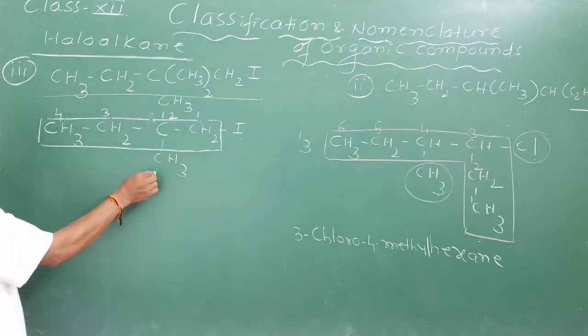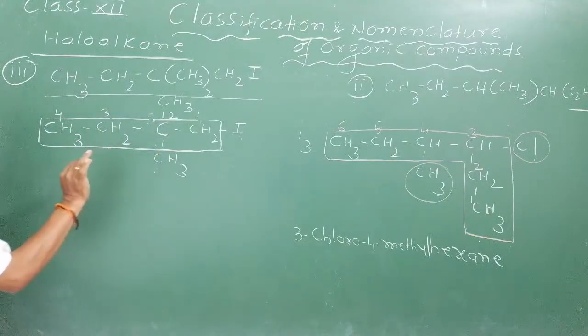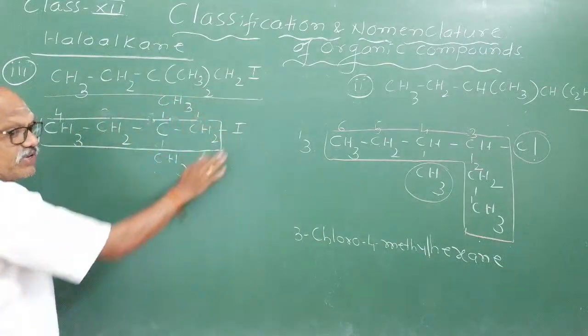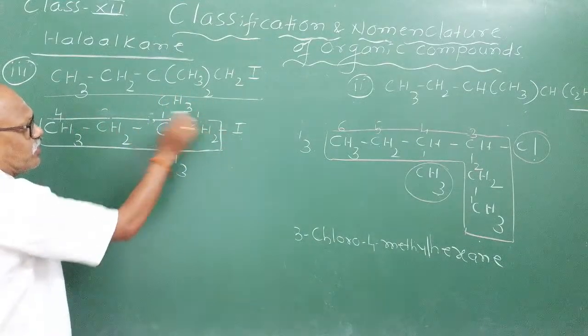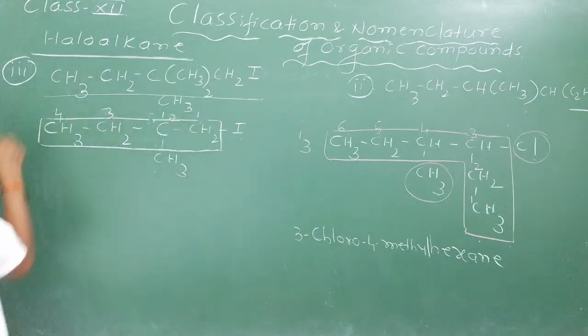Numbering should be done from the end where the sum of the locants becomes lowest and the concentration of alkyl groups is more. Therefore, you have to choose right to left.